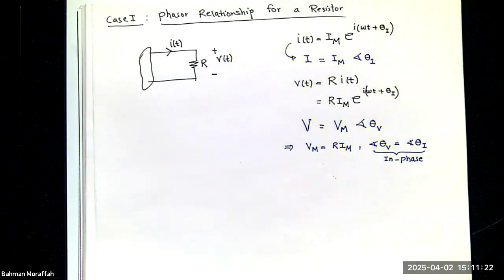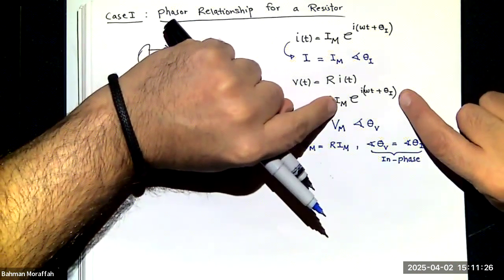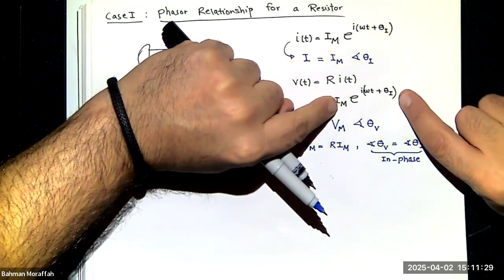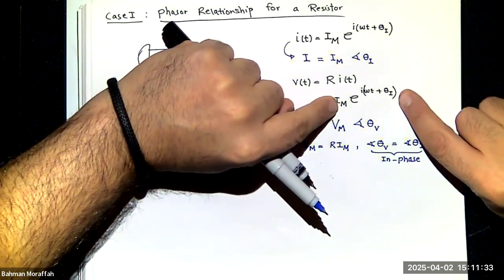But look what's happening over here. Do you agree this can be written in terms of the phasor representation of I? It can, right?